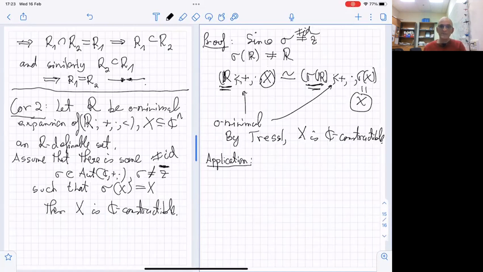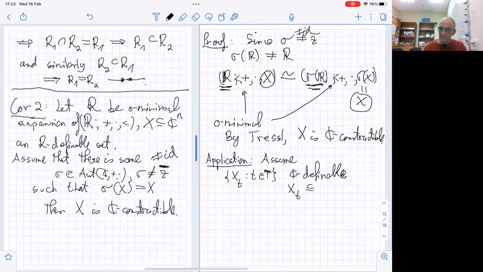So, for example, what you get from that is that assume you have a family of sets X_t, t in T, which is C-definable, and let's say X_t is in C^n or in projective space, it doesn't matter, for every t.